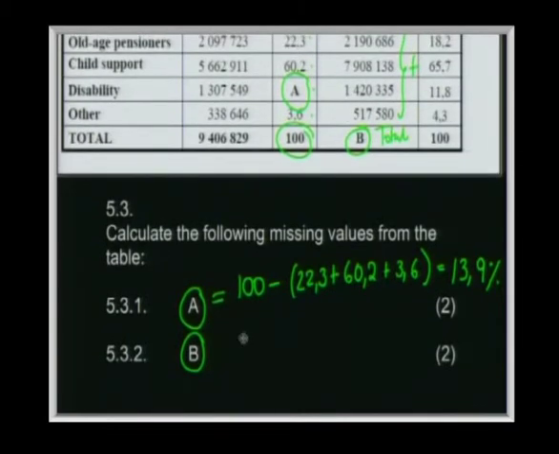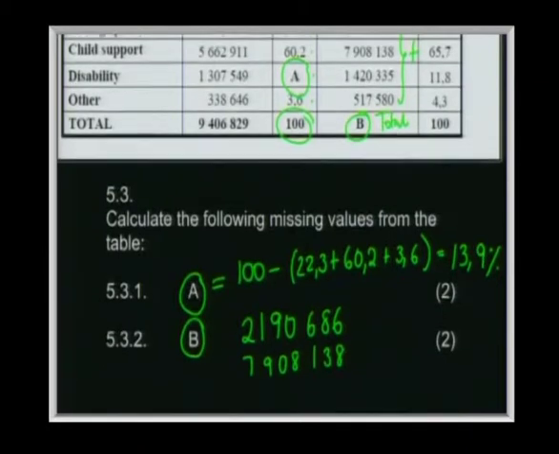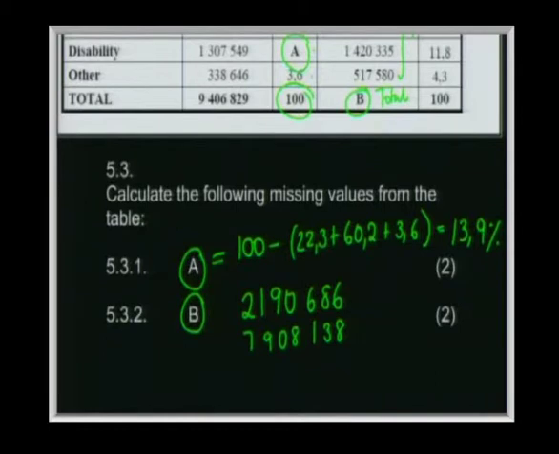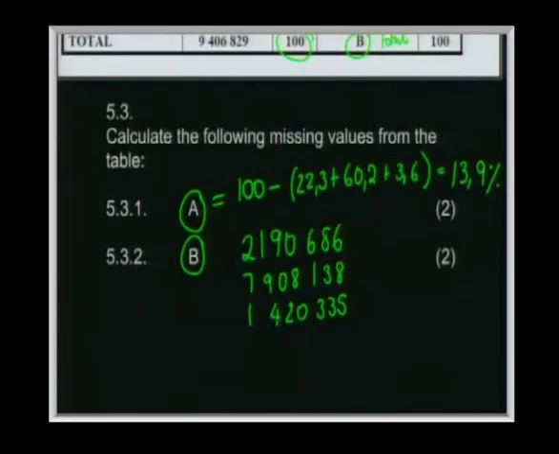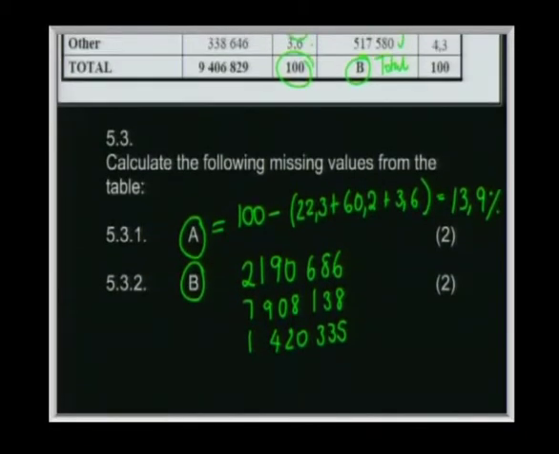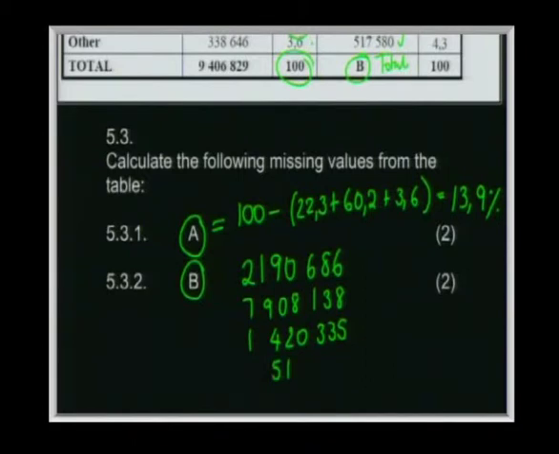So let's start. 2,190,686, 7,908,138, 1,420,335, and 5,175,580.